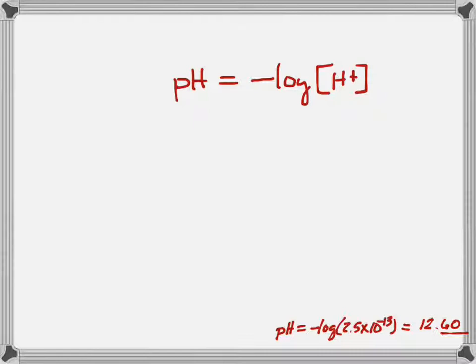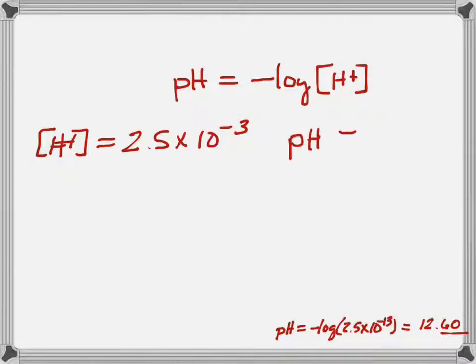So down there, the 2.5 times 10 to the minus 13 ended up being 12.60. What if the hydrogen ion concentration was 2.5 times 10 to the minus 3? What's the pH? 2.60.